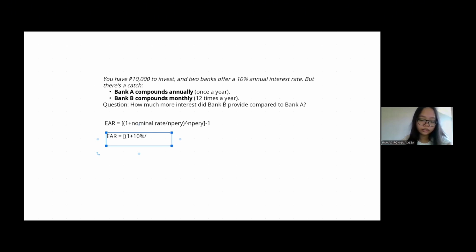Solving first the calculations inside the parentheses, 0.10 over 12 plus 1 raised to 12. We have 1.1047 minus 1.